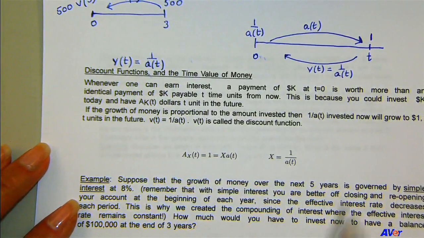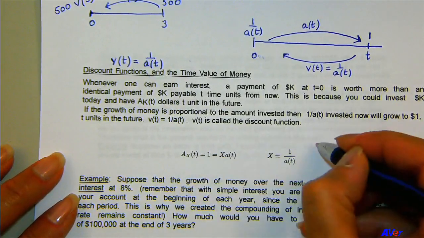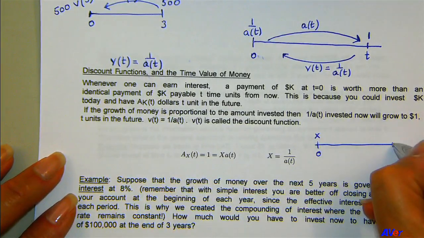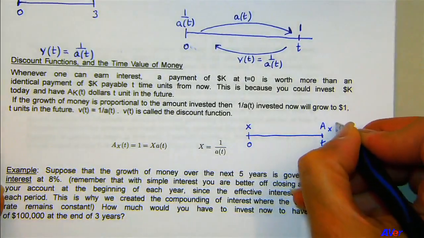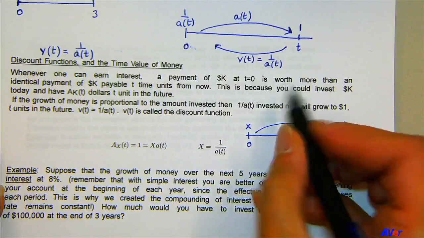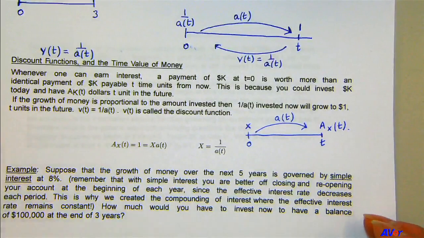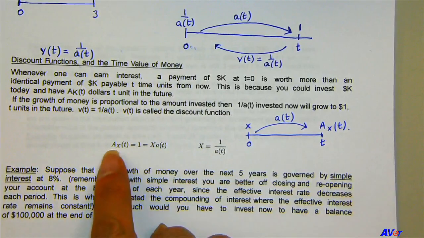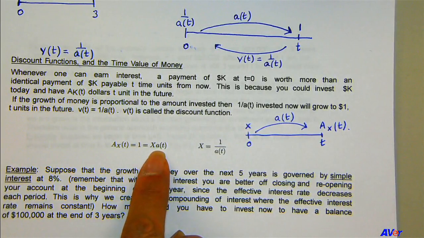Okay. So it's saying here that a x of t equals 1. So here, this is just saying that if you have x now, at time t, you will have a x of t. And the way you got to it is by going a of t. You grow it by some accumulation function, a of t. So it's saying that the amount at time t is equal to x a of t.